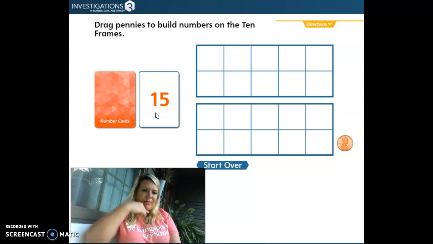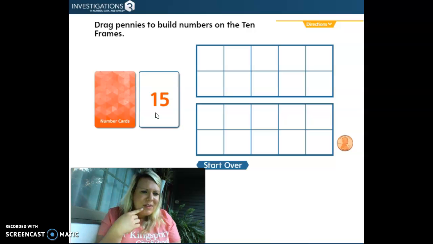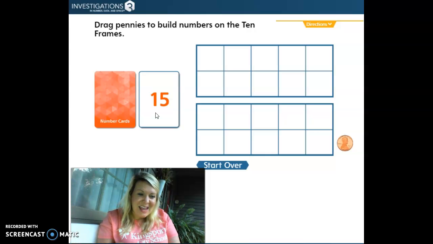Let me think of a question to ask you. Do you know if the number 15 is more or less than 10? Did you say it was more? How did you know that the number 15 was more than 10? Because after you count to 10, you get to 15.